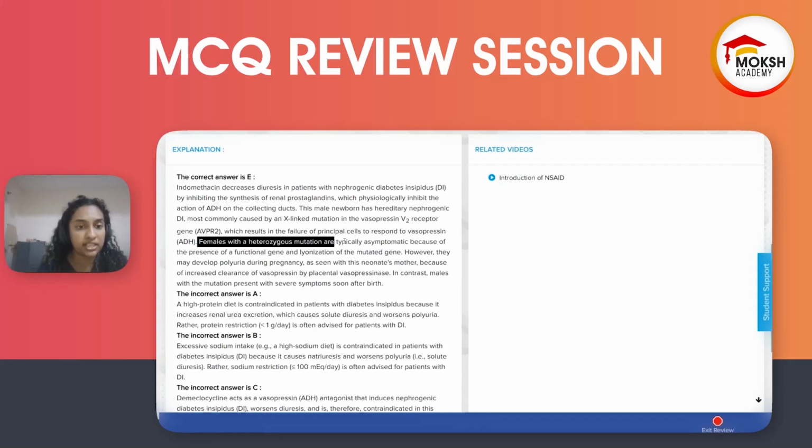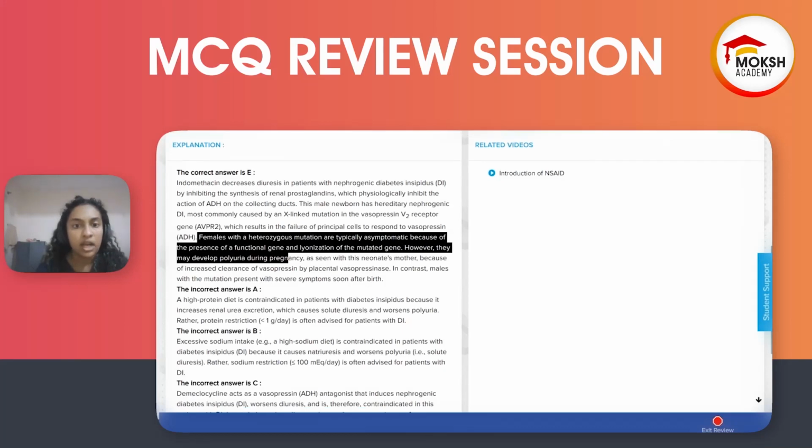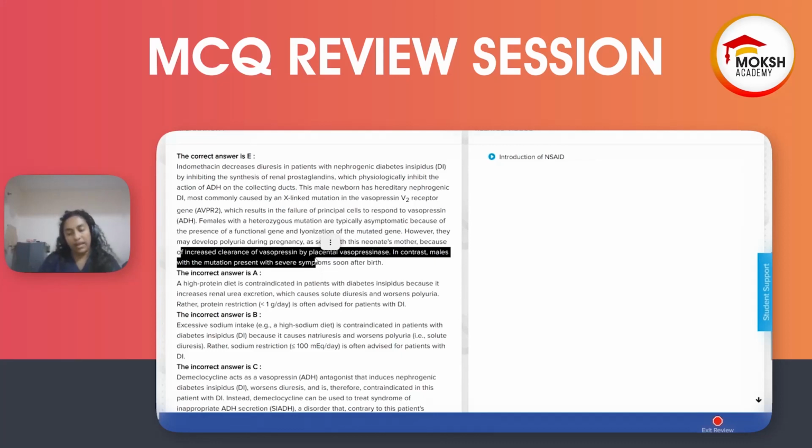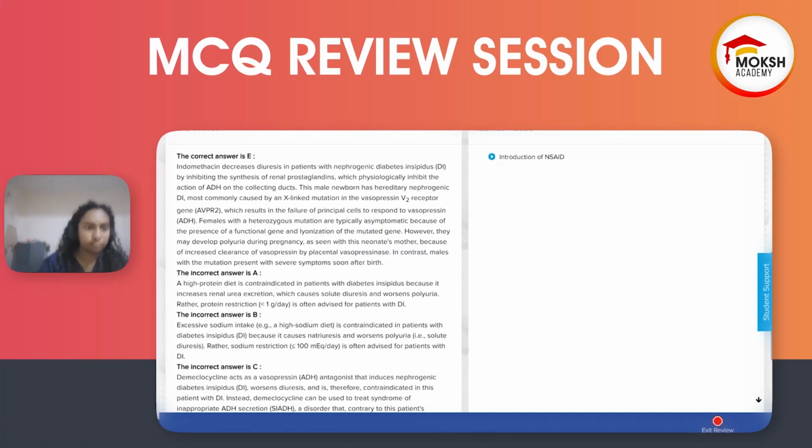Females with heterozygous mutation are typically asymptomatic because of the presence of a functional gene, right? However, they may develop polyuria during pregnancy, as seen with this neonate's mother, because of increased clearance of vasopressin. There is something called placental vasopressinase that causes clearance of vasopressin. So the action of vasopressin is not happening, so there is polyuria.